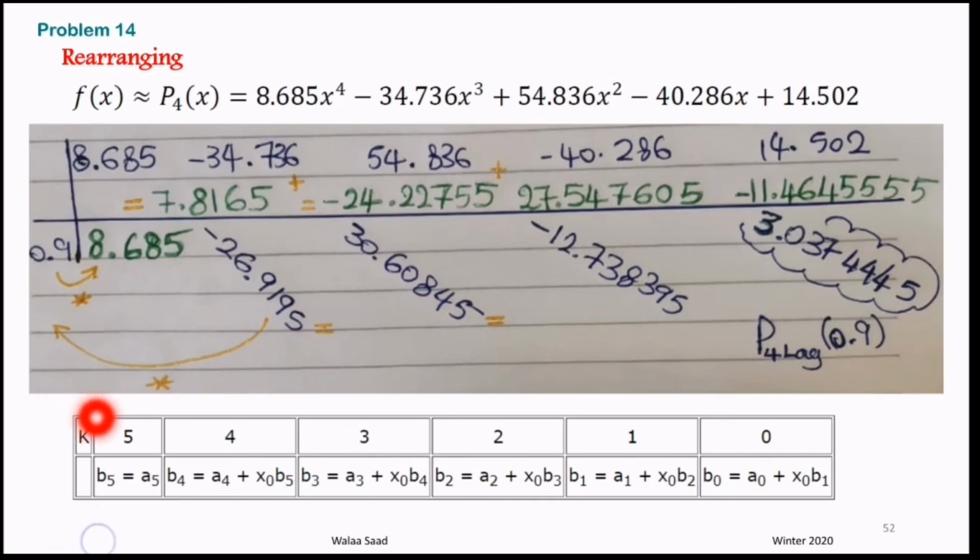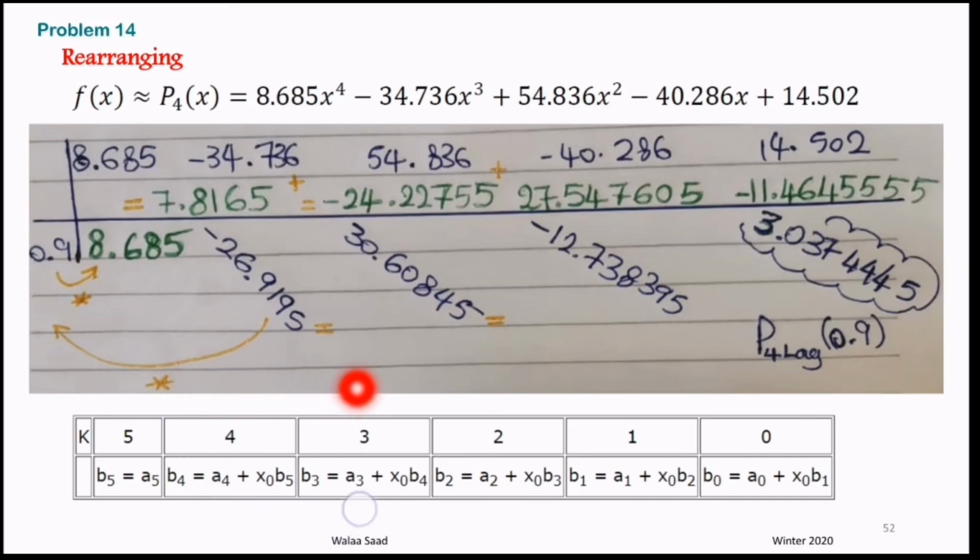It's symbolically written here. So this is the b5, which is the same as the fifth coefficient of x power 5. And then we will multiply this b5 by the x node plus the a4, or the fourth, the x power 4 coefficient.